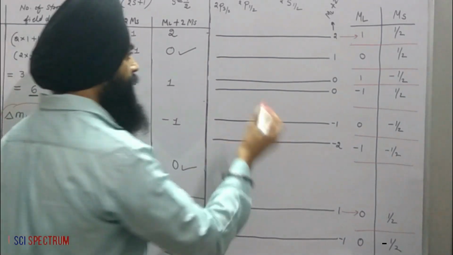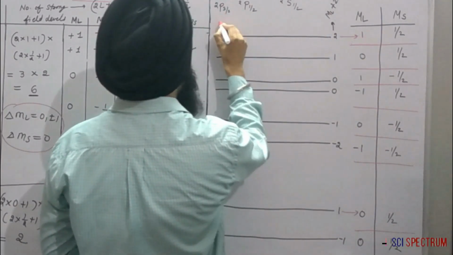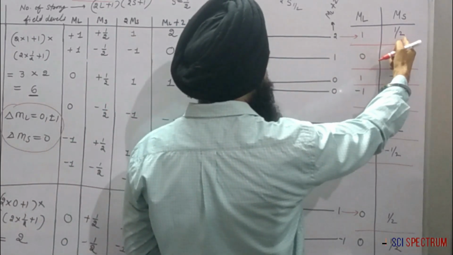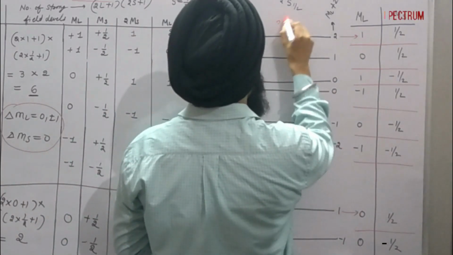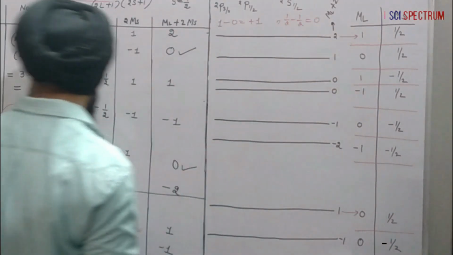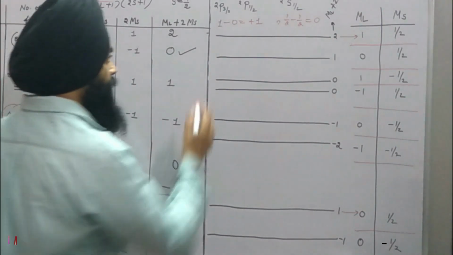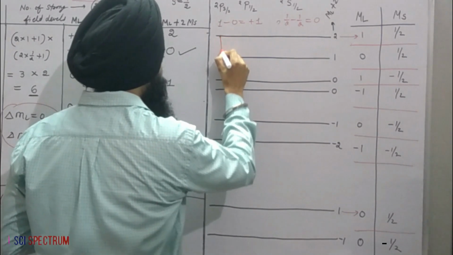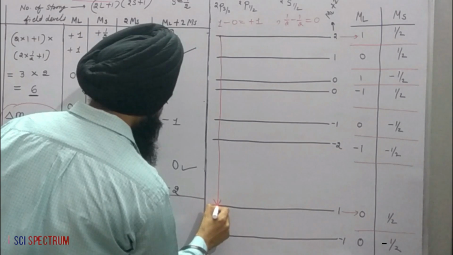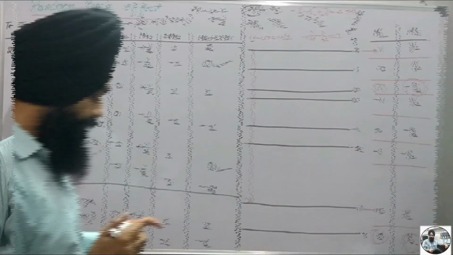Again let us see here, from 2 to 1 we have ml is equal to 1 minus 0 is equal to plus 1 and ms value is half minus half, which is equal to 0. So the selection rule is applicable. Delta ml is equal to plus 1, delta ms is equal to 0. So transition is possible here.